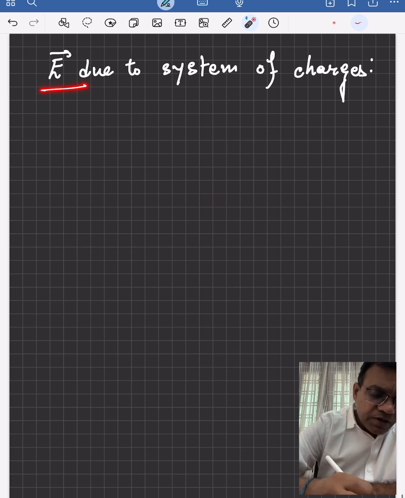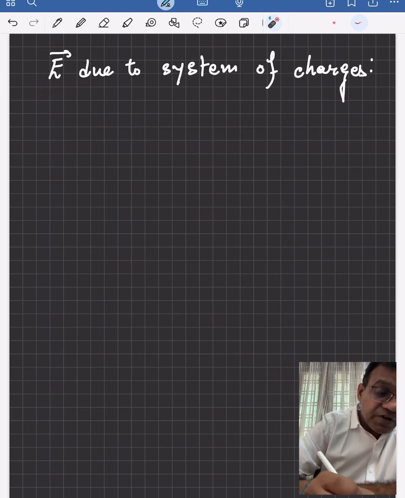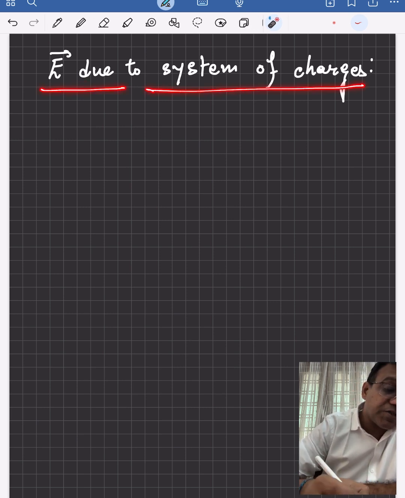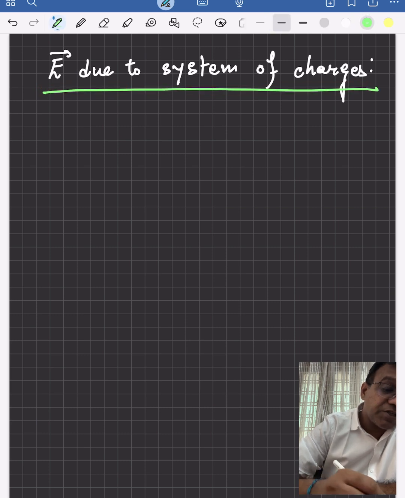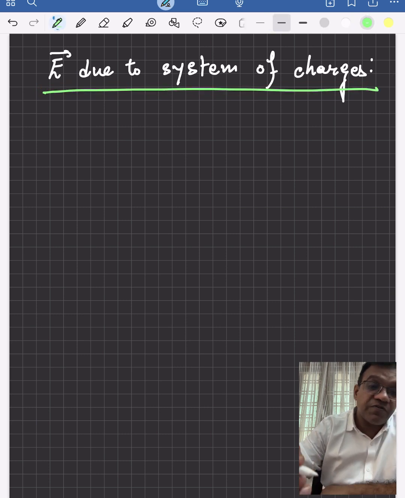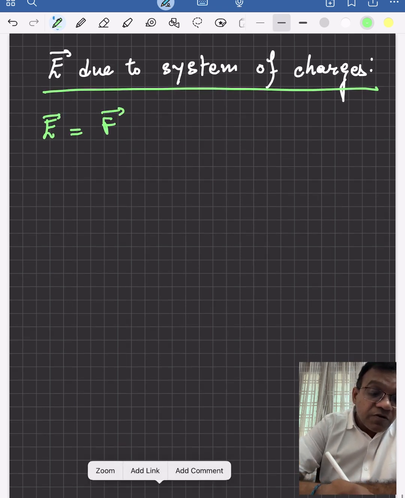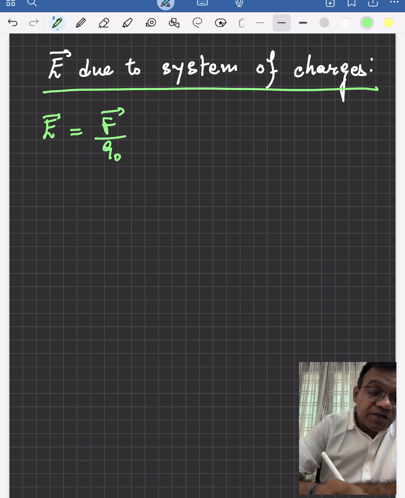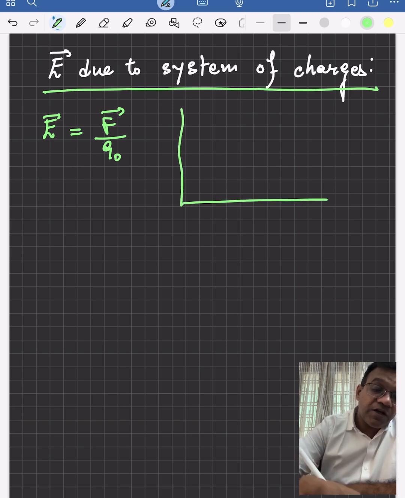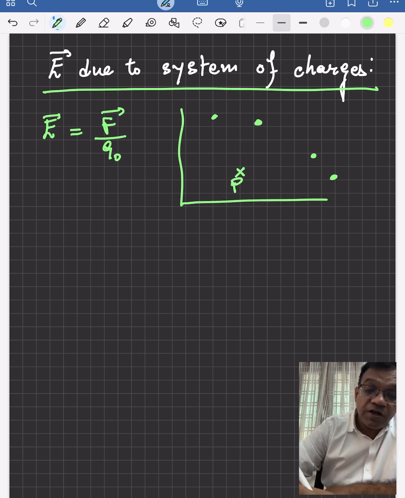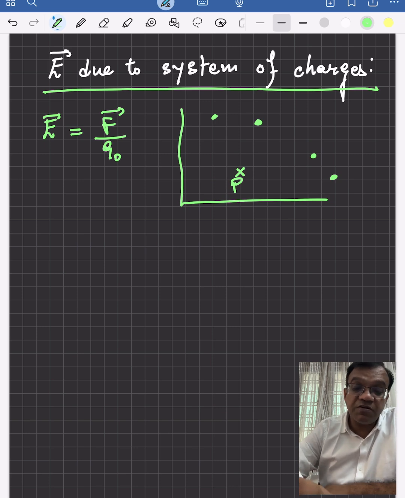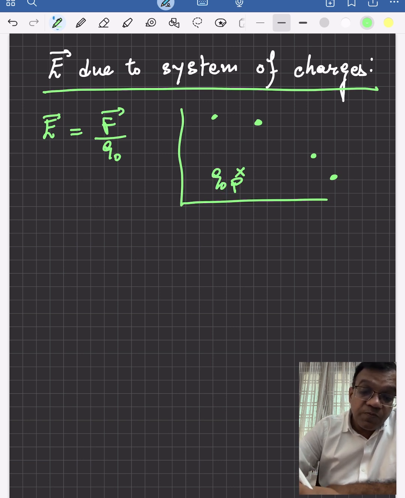In the same way we can have the electric field due to a system of point charges. How to find the electric field due to a system of point charges? What is the electric field? Force divided by test charge. Let us say you have different charges here, q1, q2, q3, qn, and at this point you are interested in finding the field. Now you bring a test charge here and find out the net force.